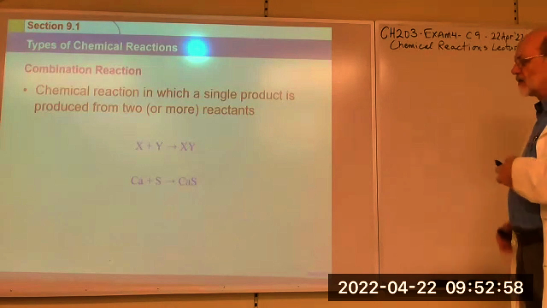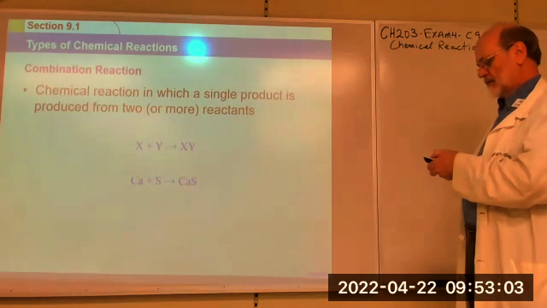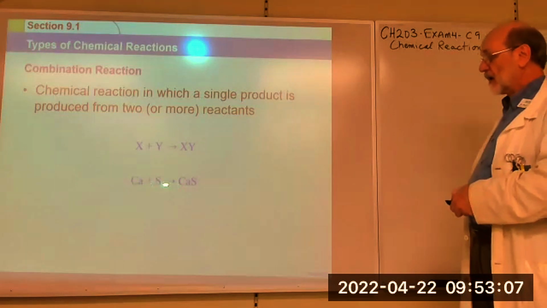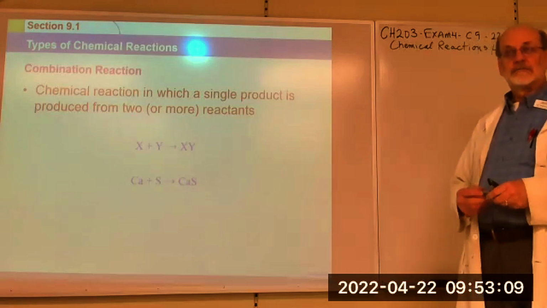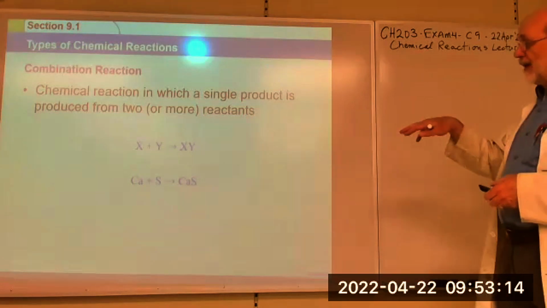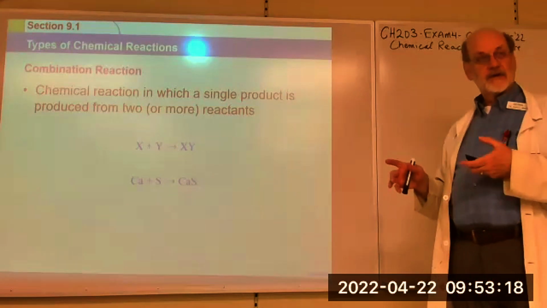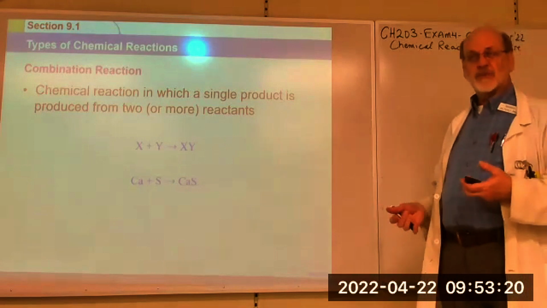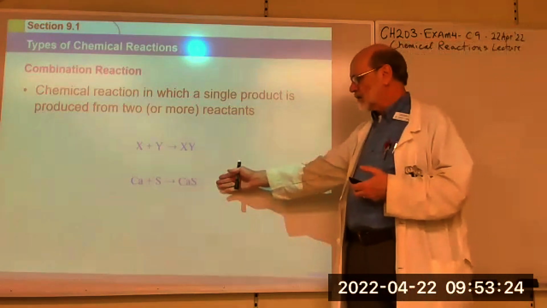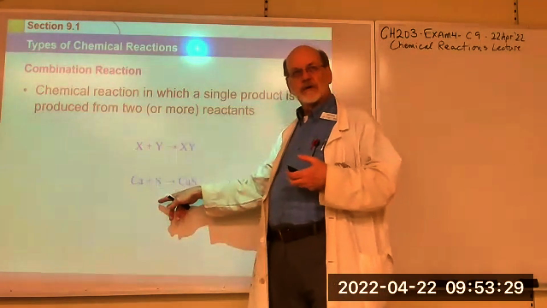So a combination reaction is simply where you have two elements. In this example, calcium and sulfur are combined to make calcium sulfide. That's a combination. Then if you flip it around and say calcium sulfide becomes calcium and sulfur, of course by a different process, the reaction description would be the same, only in reverse.